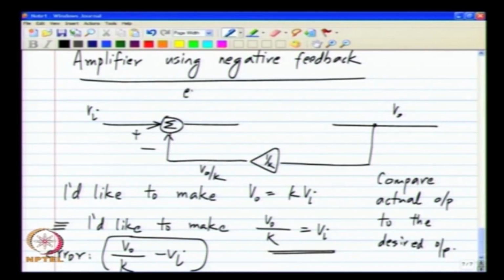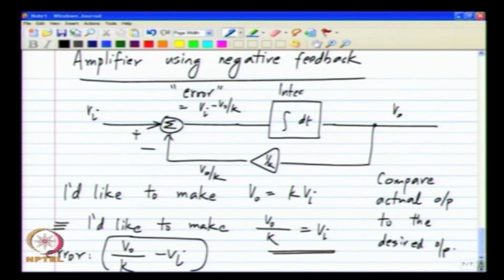So, here I get the error, okay, and then I integrate it. We will come to the details of the integrator soon. So, if I do this, I have my negative feedback system.